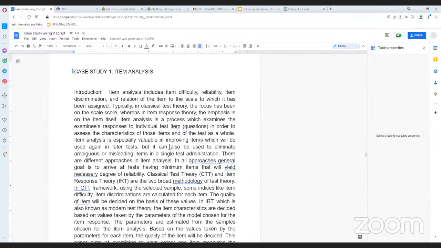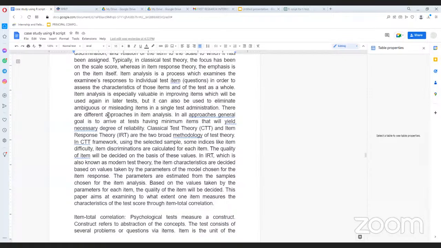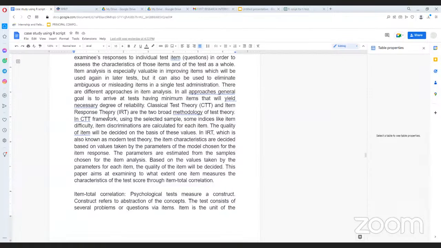In the case of IRT, which is also known as modern test theory, the test characteristics are decided based on values taken by the parameters of the model chosen for item response. The parameters are estimated from the samples chosen for the item analysis. Based on the values taken by the parameters for each item, the quality of the item will be decided. This paper aims to examine to what extent one item measures the characteristics of test scores through item total correlation.